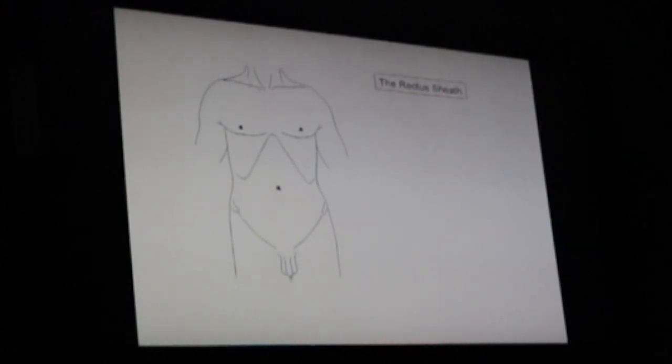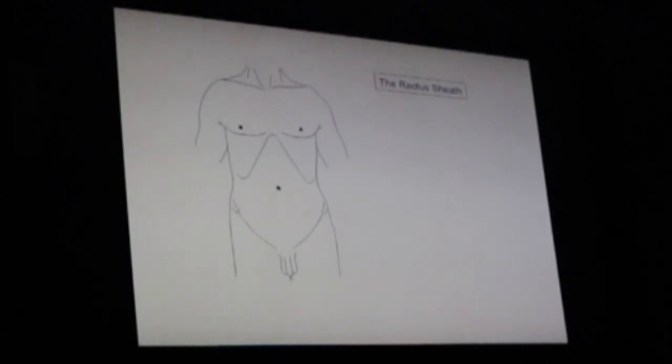Extending from the costal cartilage. Nizami: It's the fascia which connects the external and internal oblique. Really? It's a sheath that basically sandwiches the rectus abdominis. Very good. This is the answer that is needed.